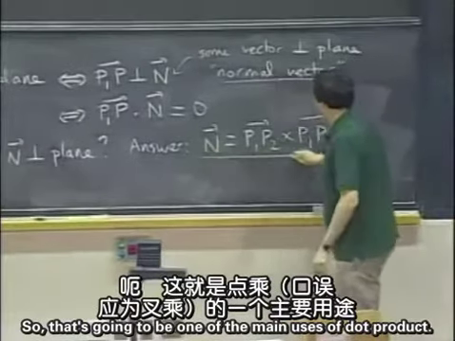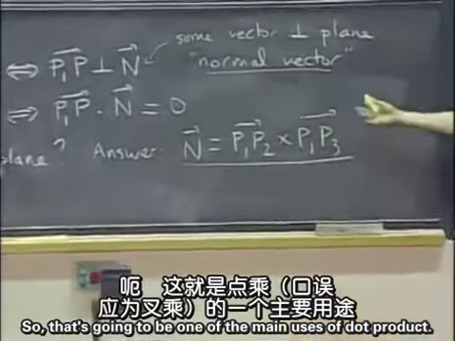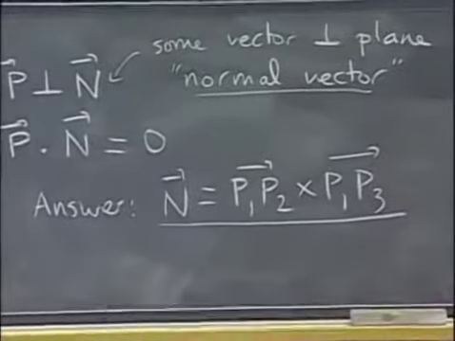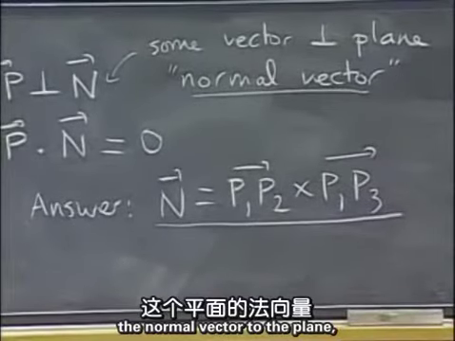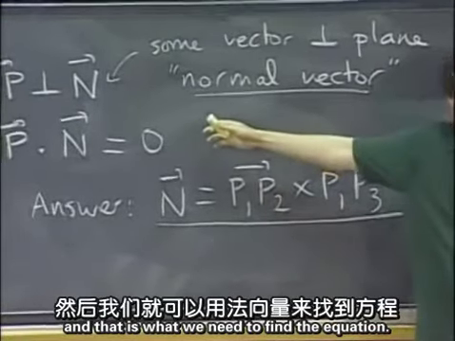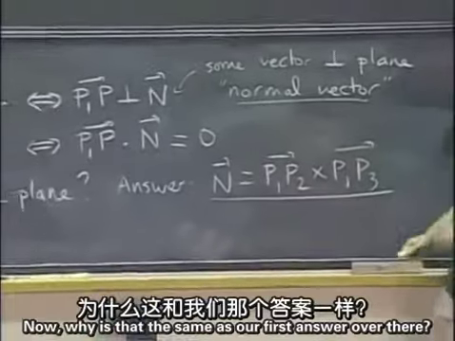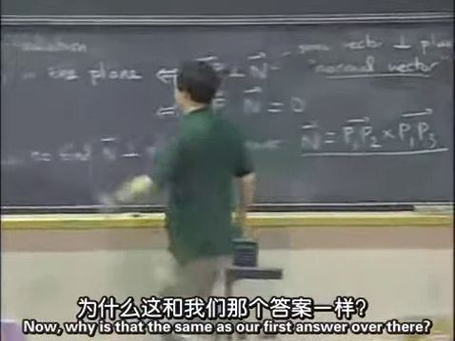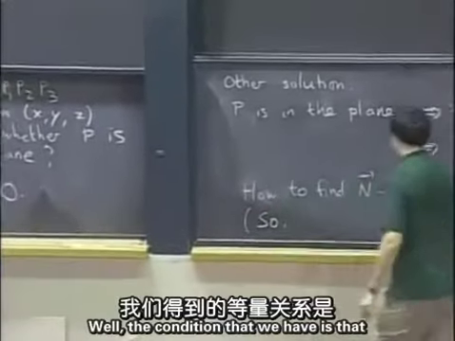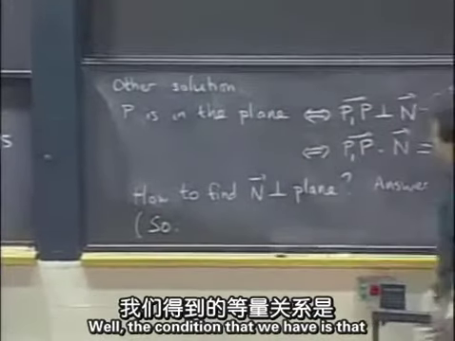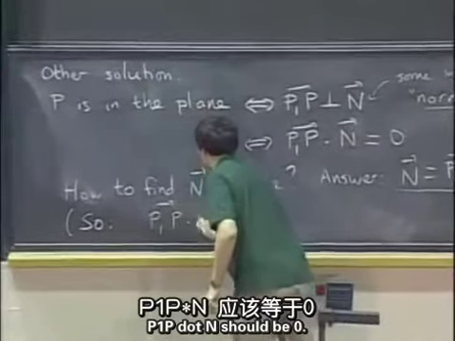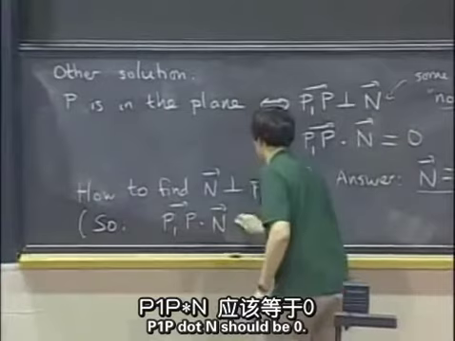So that's going to be one of the main uses of the cross product. When we know two vectors in a plane, it lets us find the normal vector to the plane, and that is what we need to find the equation. Now, why is that the same as the answer over there? Well, the condition that we have is that P1P dot n should be 0.